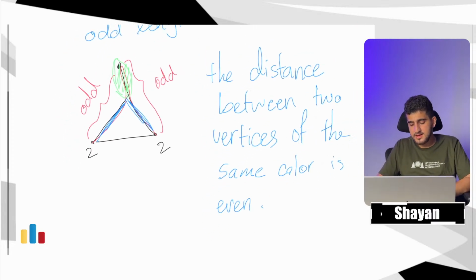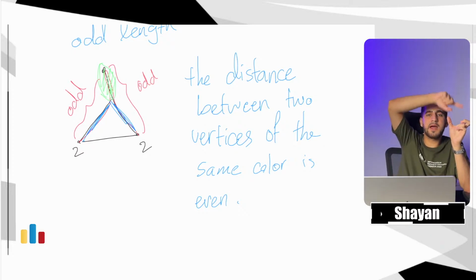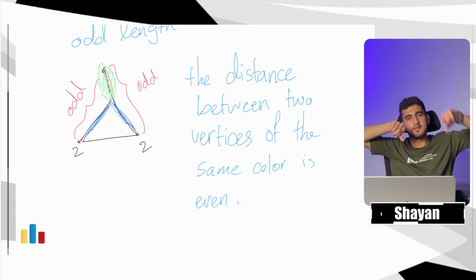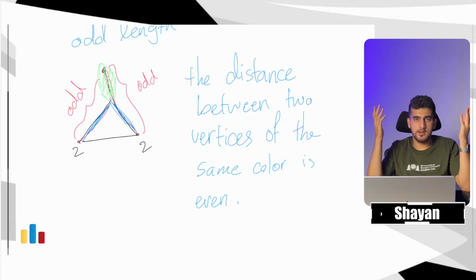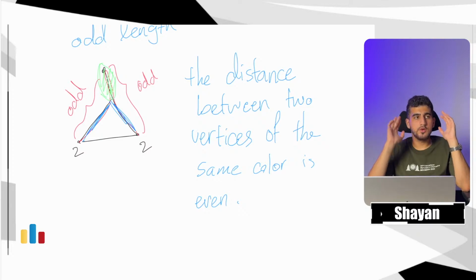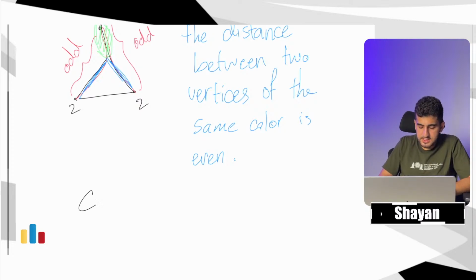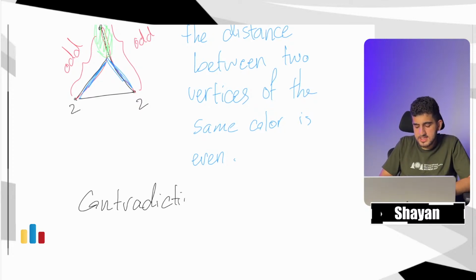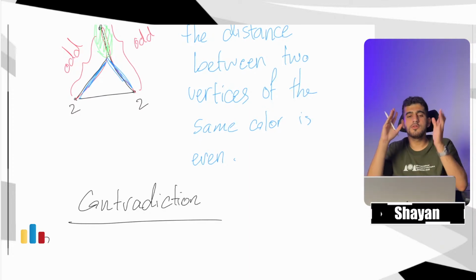Therefore, when their distance is even, when you add an edge between them, they already have a path of even length between each other, and when you add another edge, you're going to make an odd cycle, which is a contradiction because we know that we had no odd cycle. Therefore, if there is such an edge, this is a contradiction, and therefore no such edge exists. Therefore, we right now have two good groups.